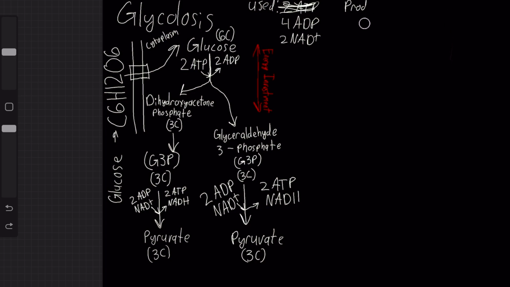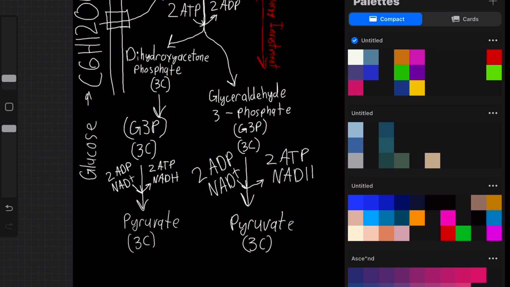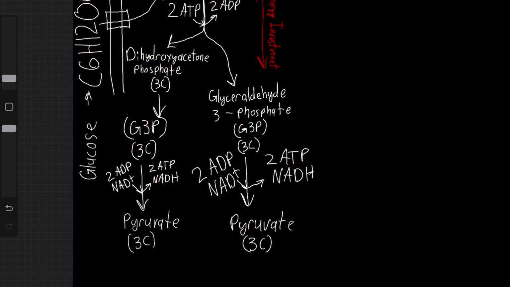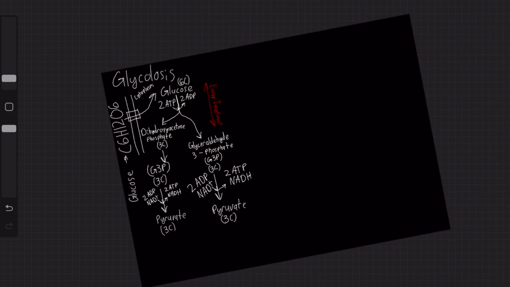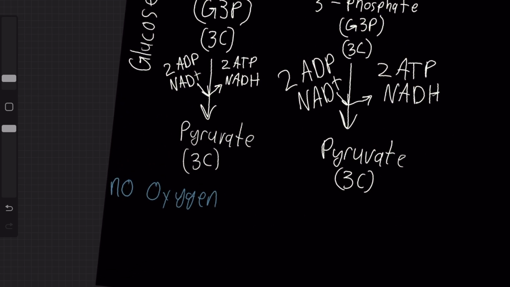Now, from glycolysis, if you do not have oxygen, if you have no oxygen, what you are left with from the glycolysis is your NADH, your pyruvate, your other pyruvate, another NADH.